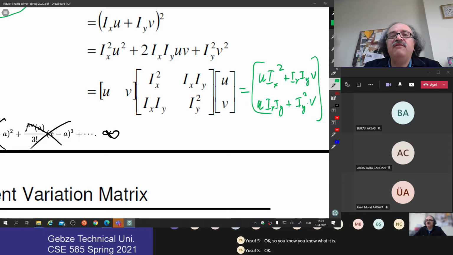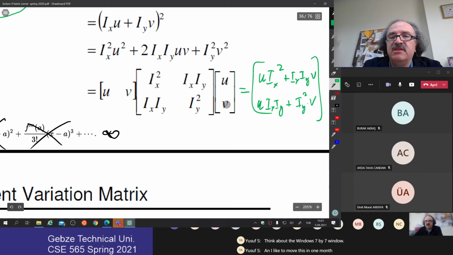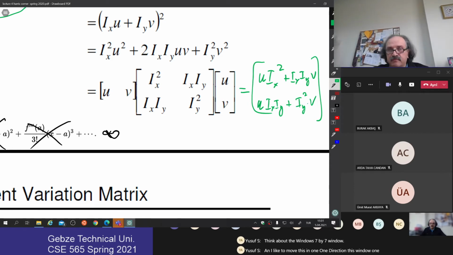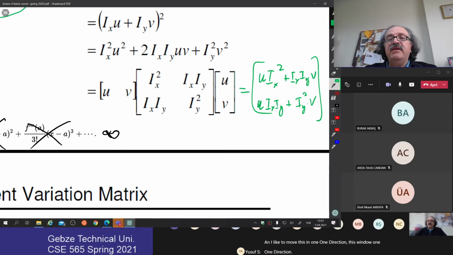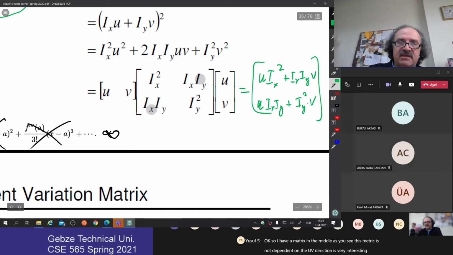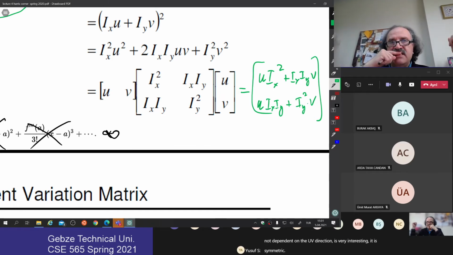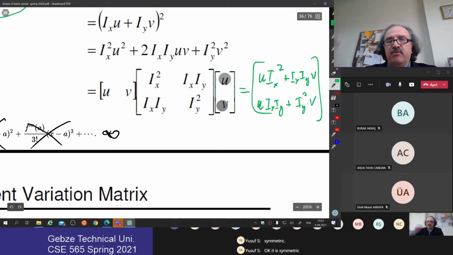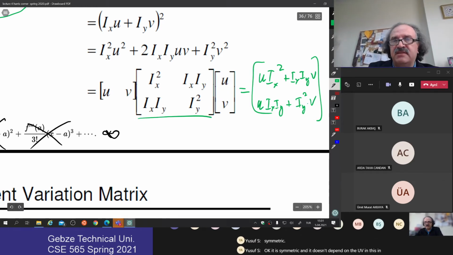Good. So if you think about a window, a 7x7 window, and I like to move this in one direction. I have a matrix in the middle. As you see, this matrix is not dependent on the UV direction. It's very interesting. It is symmetric, and it doesn't depend on the UV in the middle of this matrix.